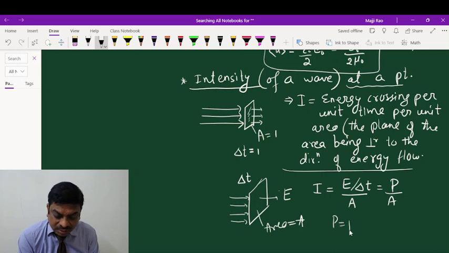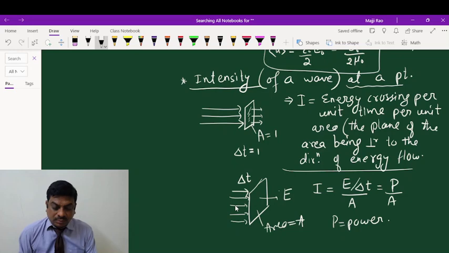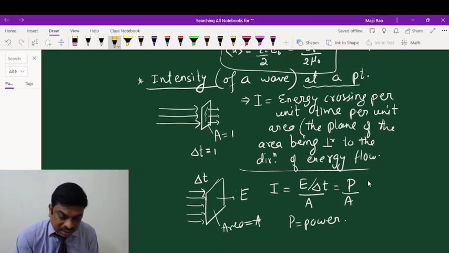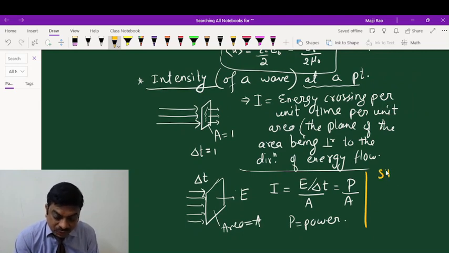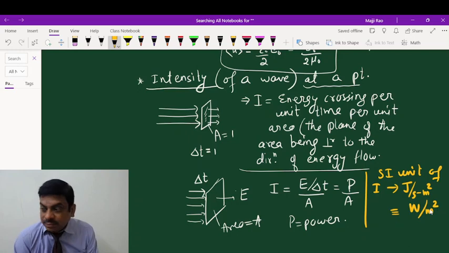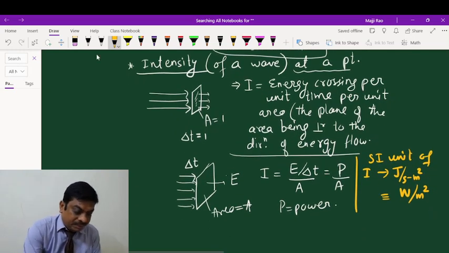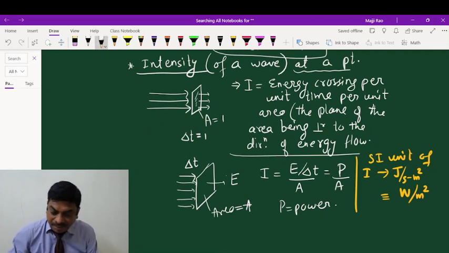So P is the power. Okay, students. Based on this, we can judge the SI unit of I. It is joule per second meter square, which is equivalent to watt per meter square. I hope that is clear.